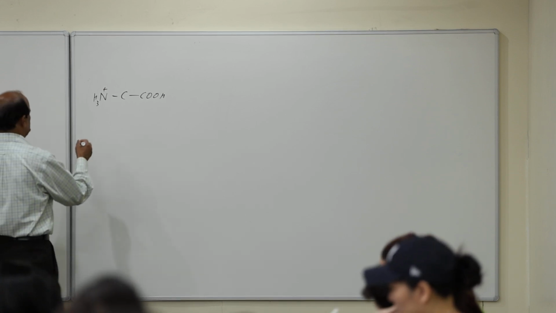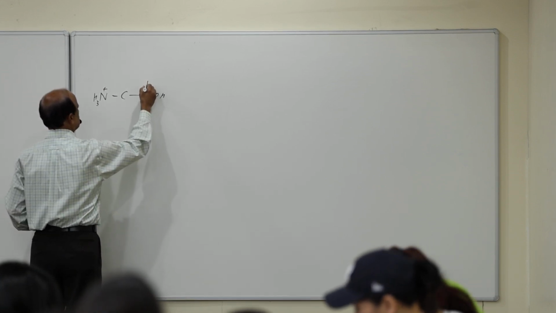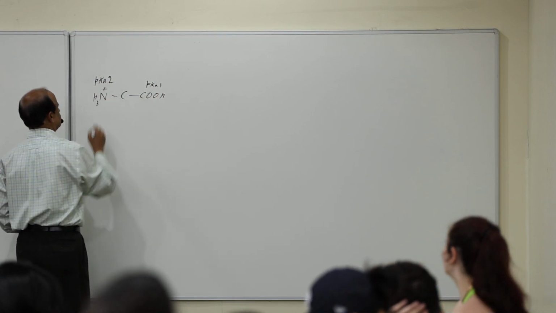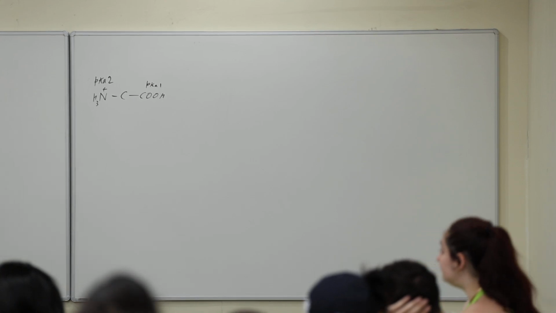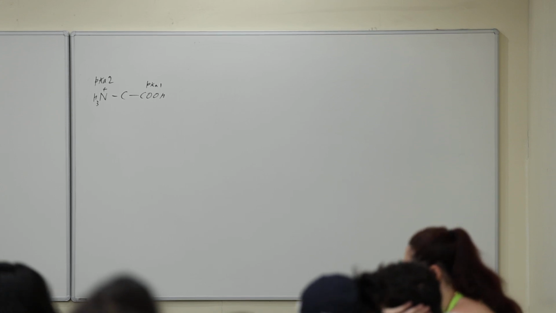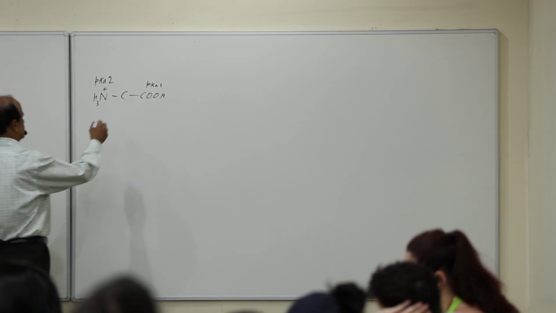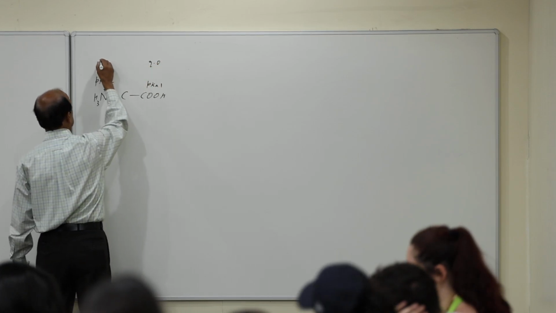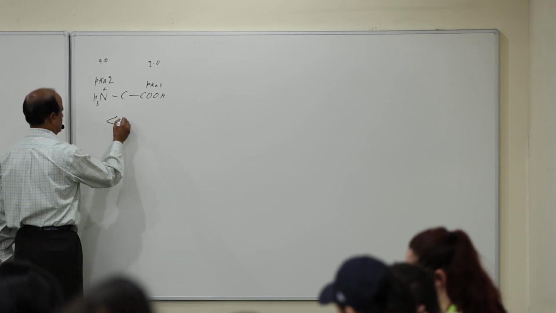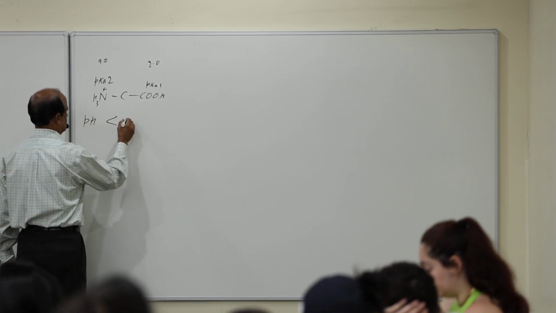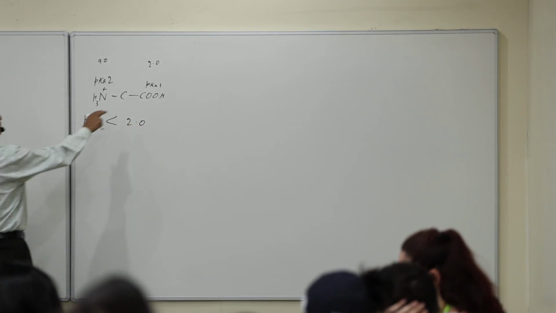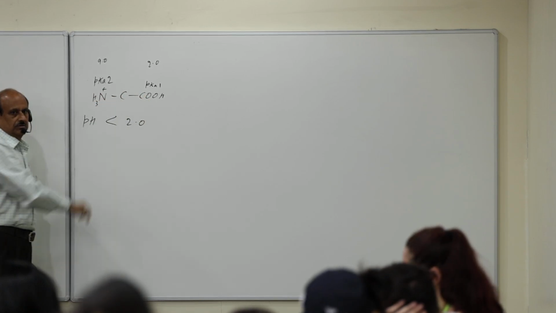So this is pK1, and this one is pK2. It's also written as pK1 or pK2 without the A. If this is 2.0 pK, I'm just making up these numbers, and this is 9.0, and the pH is less than 2.0, that means you are lower than the pK of this one and lower than the pK of this one.